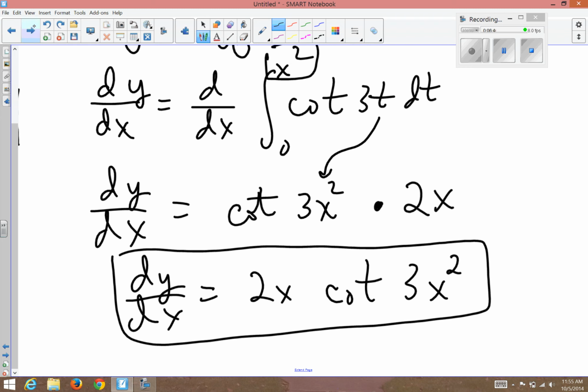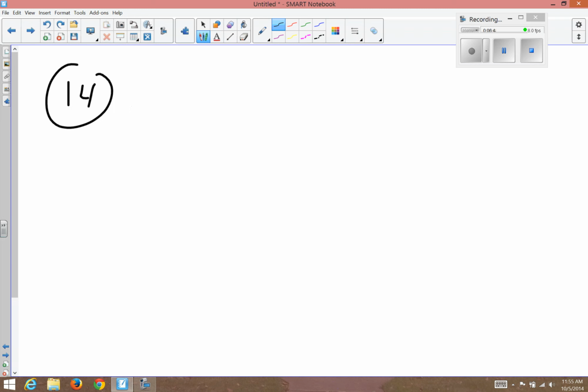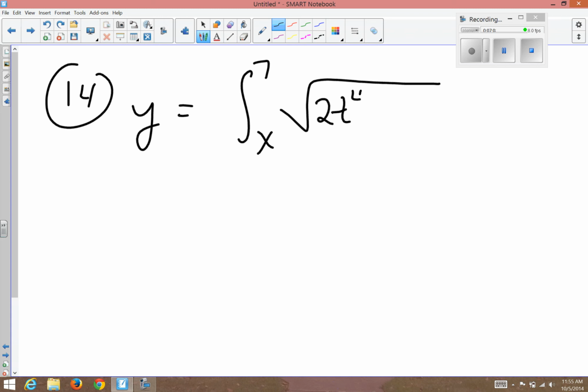Number 14. Y equals the integral from x to 7 of the square root of 2t to the 4th plus t plus 1 dt, and the directions are to find the derivative of y with respect to x.